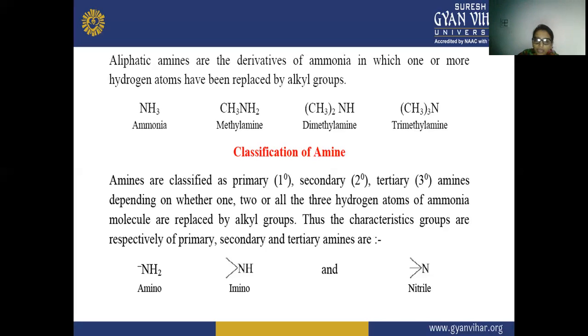So amines are classified as primary, secondary, and tertiary, depending upon whether one, two, or three hydrogen atoms of ammonia are replaced by alkyl groups. This means that in the ammonia structure there are three hydrogen atoms attached, and the classification of amines is based on that.